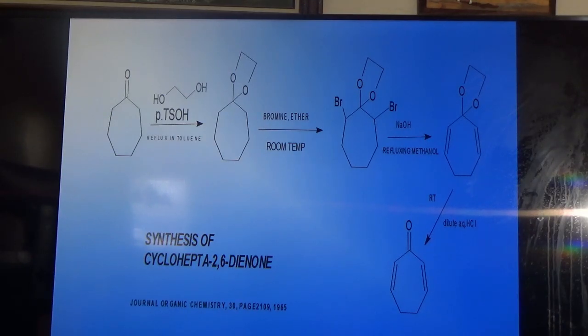You get the ketal, and then bromination in ether gives the dibromide in very good yield, above 90%. Very clean reaction. Then all you have to do is reflux in sodium hydroxide in methanol. You eliminate the bromines, and you get the double-bonded ketal. So that goes, I believe, in 75 to 80% yield. And then dilute HCl at room temperature regenerates the ketone, the dienone.